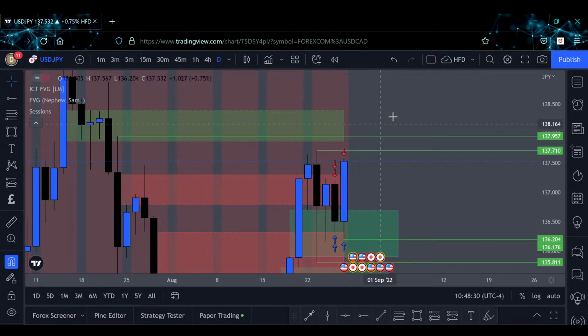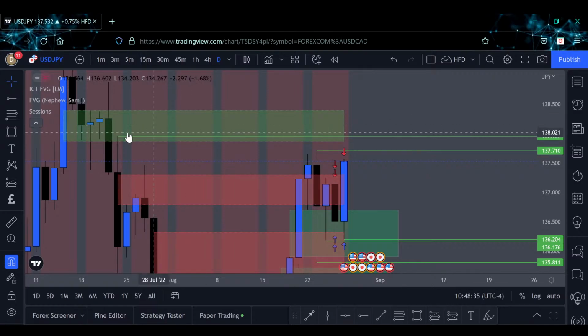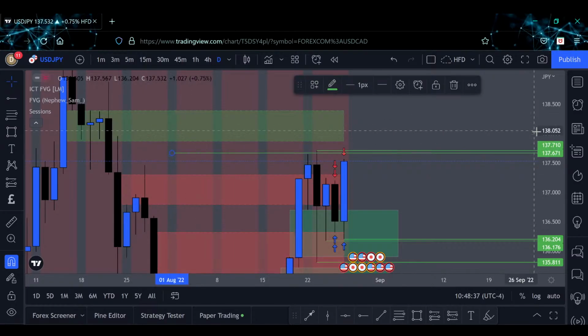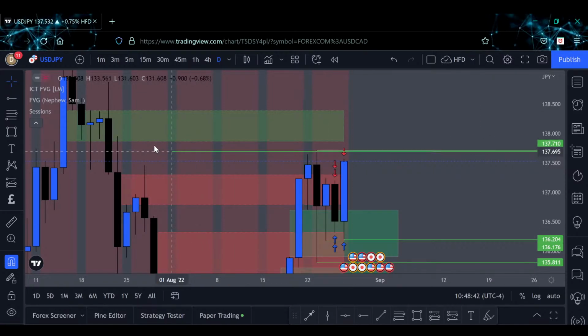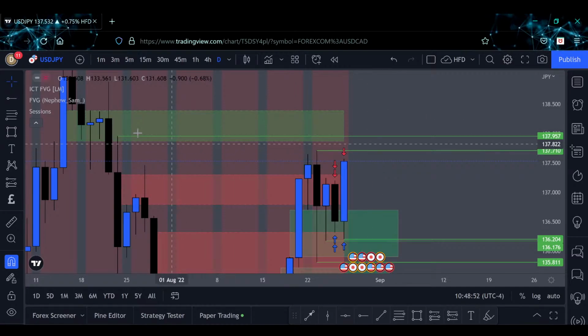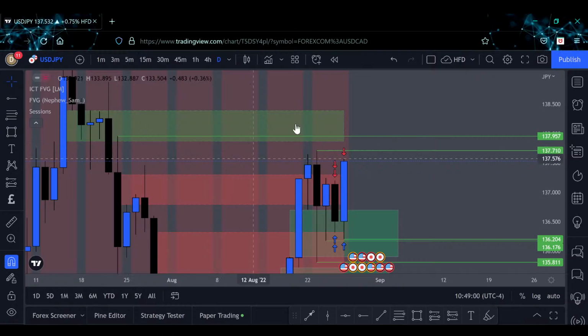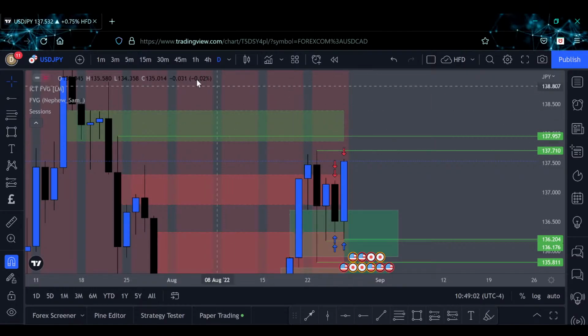137.957, which is near a whole number. It should be 138.00, as you can see here. So that whole number's another possible target. At the high here from the 22nd, going to the 1 hour.